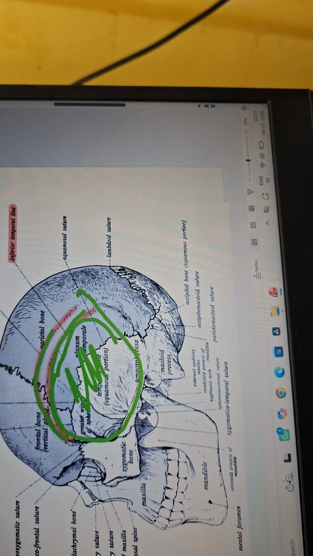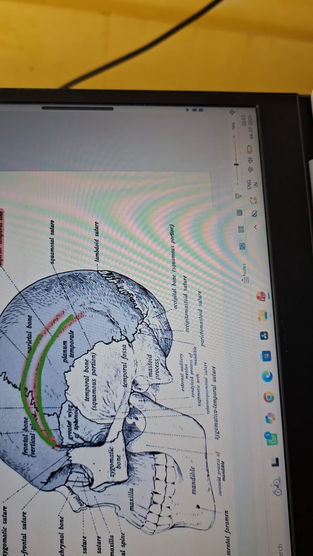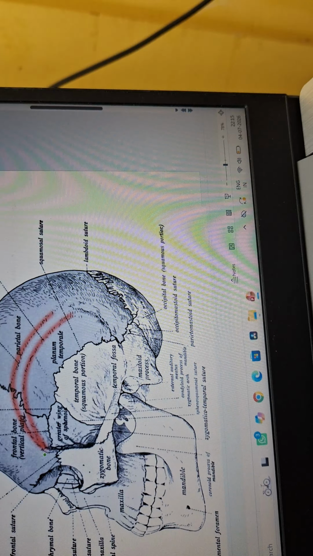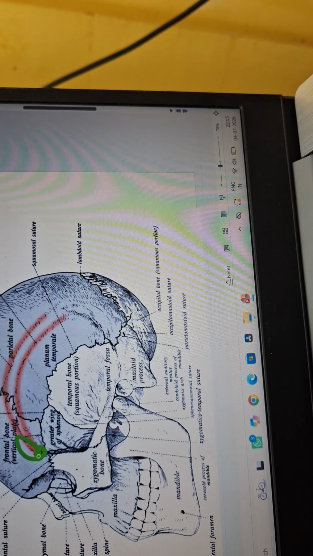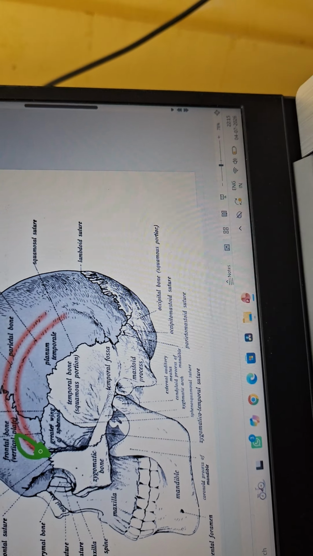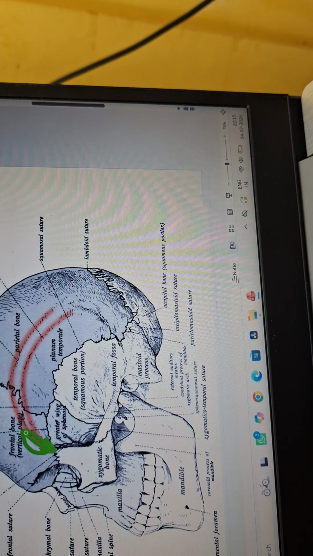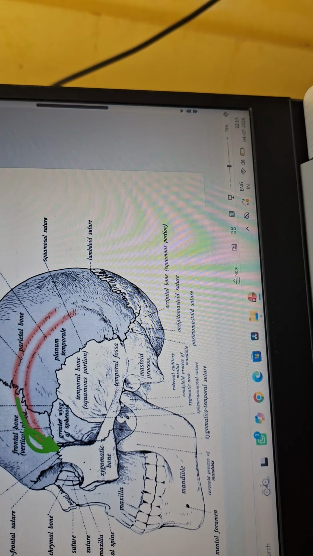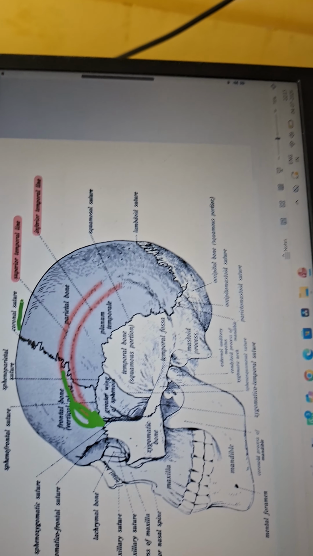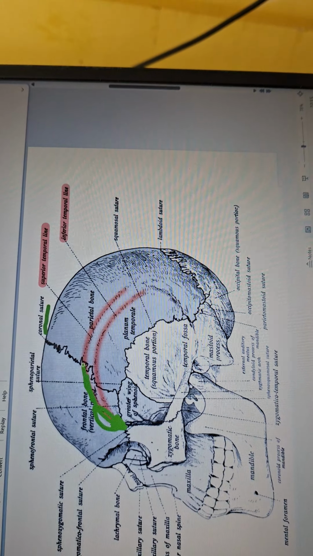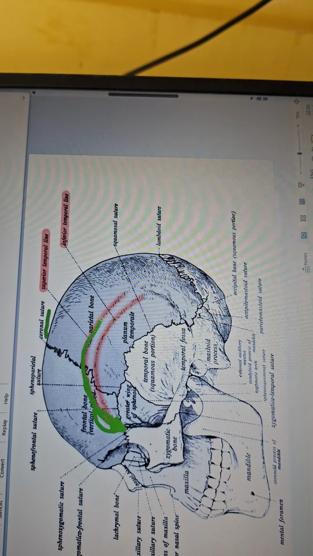Now, one important thing about them is that we have two of them. The superior and inferior temporal lines both start at the zygomatic process of the frontal bone. Here, this is the zygomatic process of the frontal bone, and then they cross around the frontal bone, then through the coronal suture. This is your coronal suture, right? So these are crossing from the frontal bone to the coronal suture, passing along to the parietal bone.